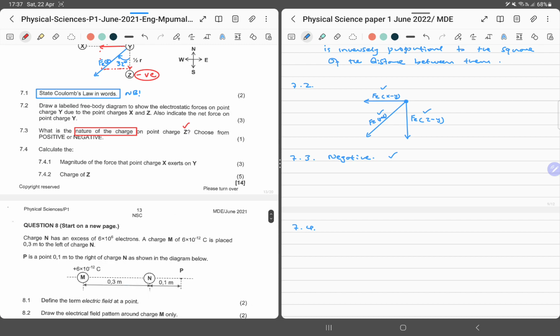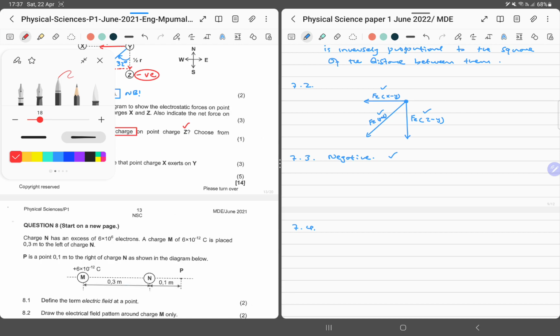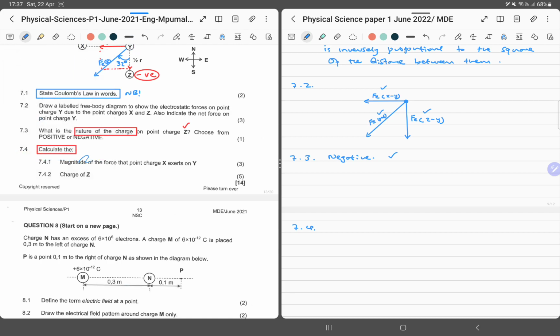So the next question says calculate. This is where the action is, the danger. It says the magnitude of the force that point charge X exerts on Y. Remember, when we do a tail to head method on our diagram, I need you to notice something.